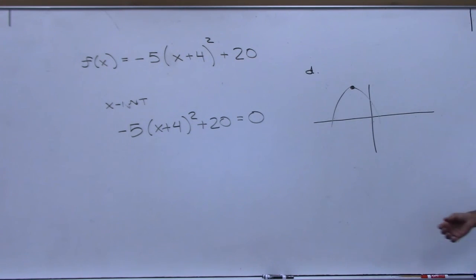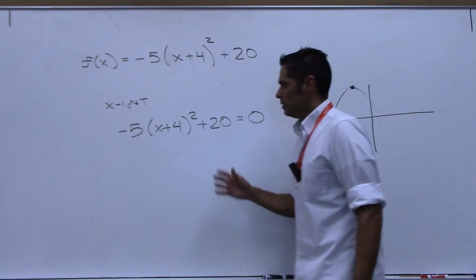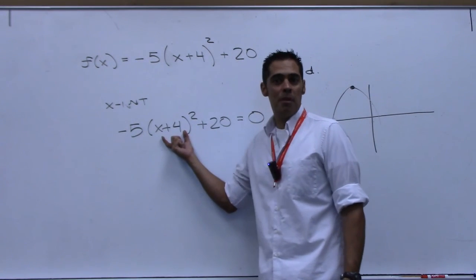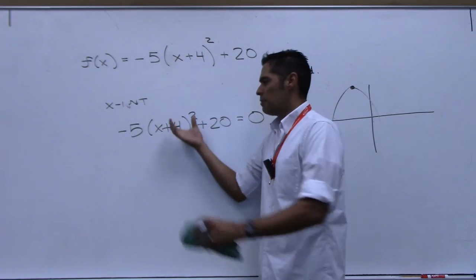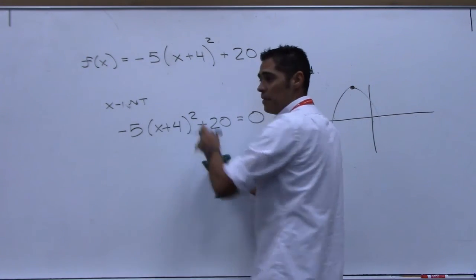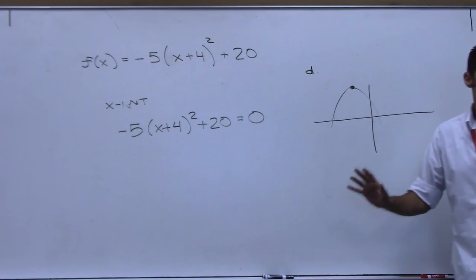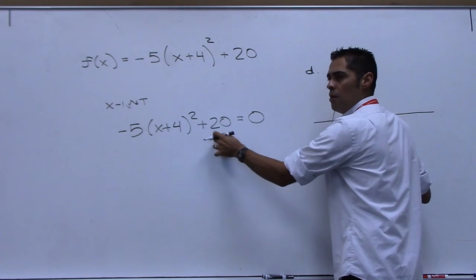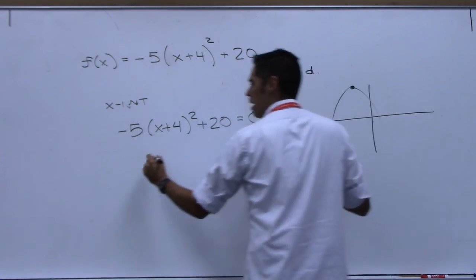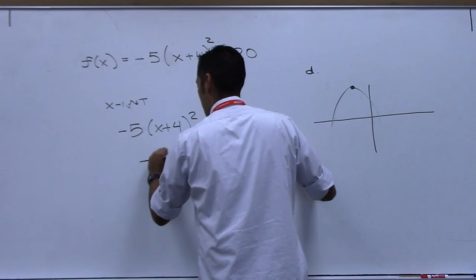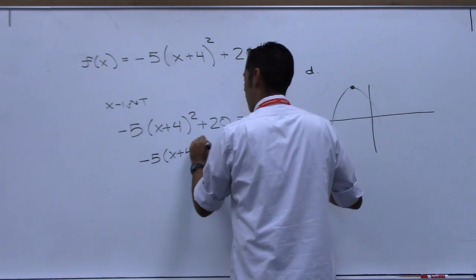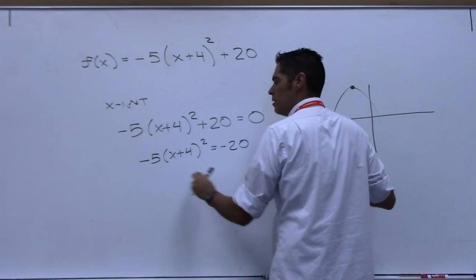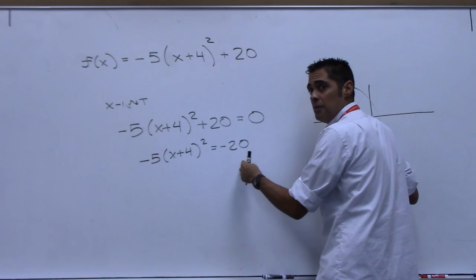Some people will actually multiply this out, like (x + 4)(x + 4), and then distribute -5 through, and there's nothing wrong with that, but there's a quicker, easier way: move the 20 over, subtract 20 on both sides. Then divide both sides by -5.